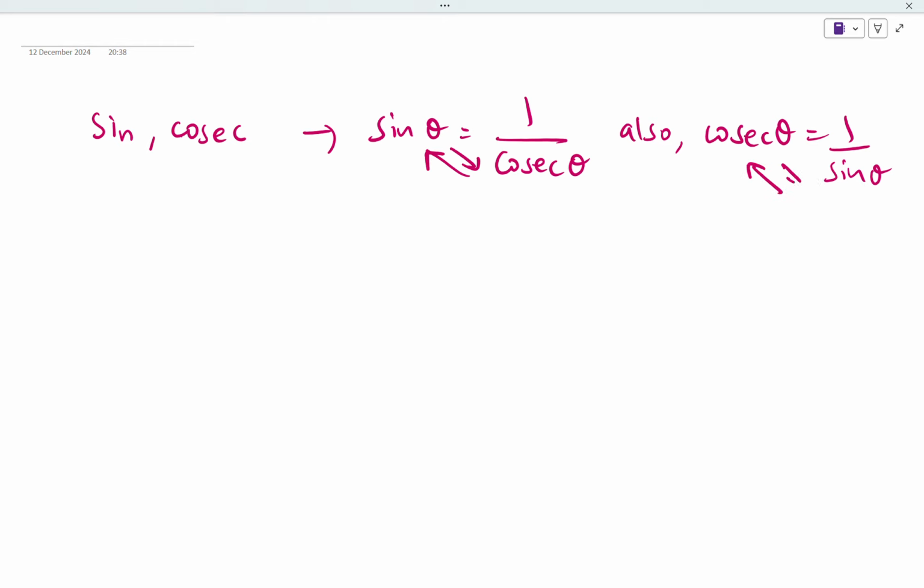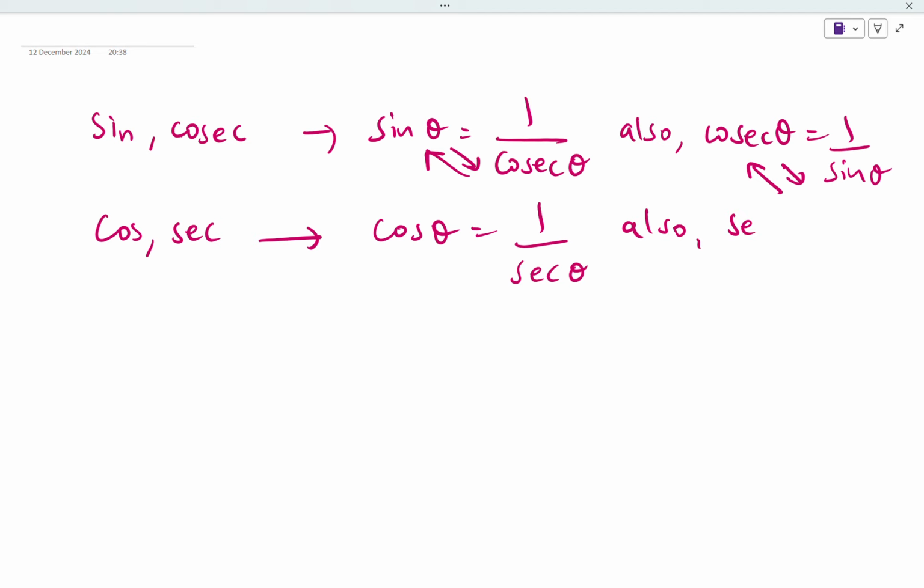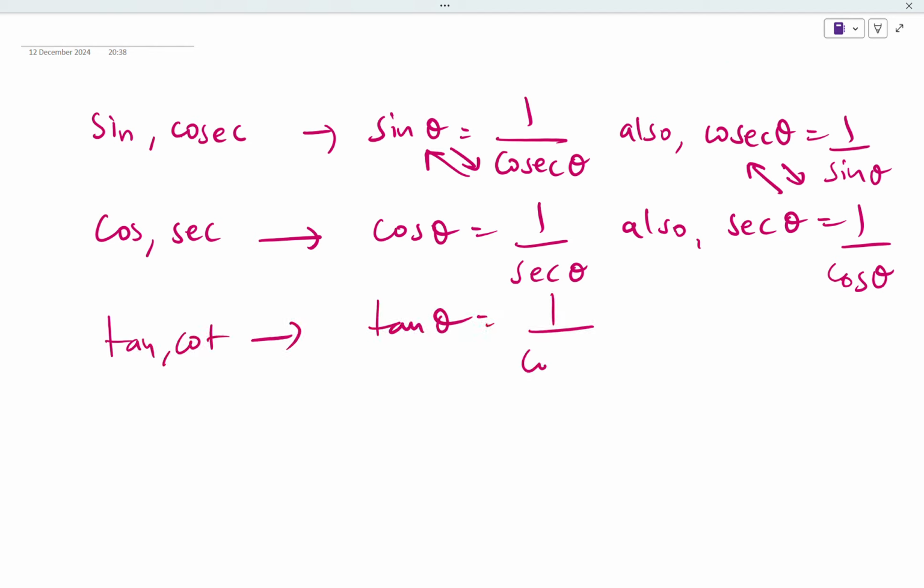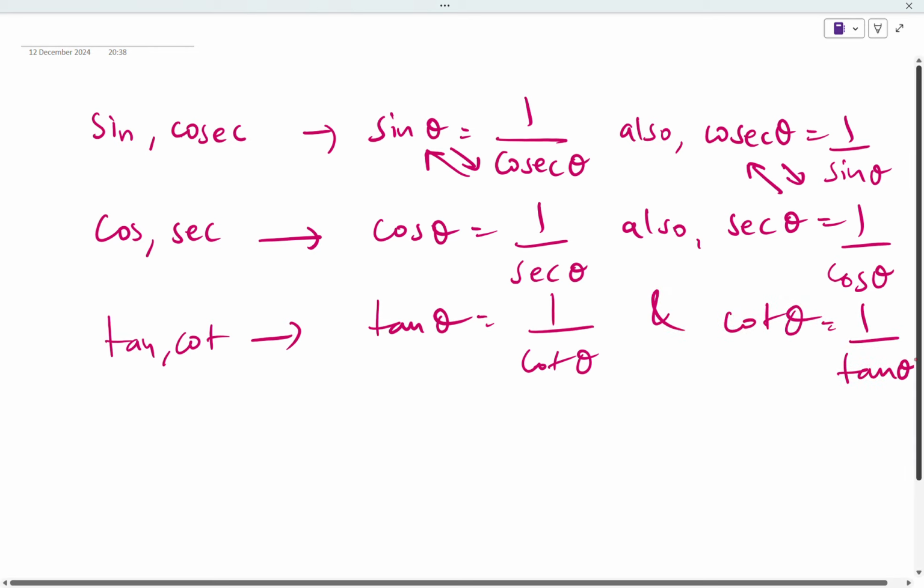Similarly, cos and sec are interchangeably used. So cos theta is equal to 1 by sec theta. Also, sec theta is equal to 1 by cos theta. Tan and cot will also undergo the same treatment. So tan theta is equal to 1 by cot theta, and cot theta is 1 by tan theta. So these are inverse ratios of each other, so they can be used interchangeably.